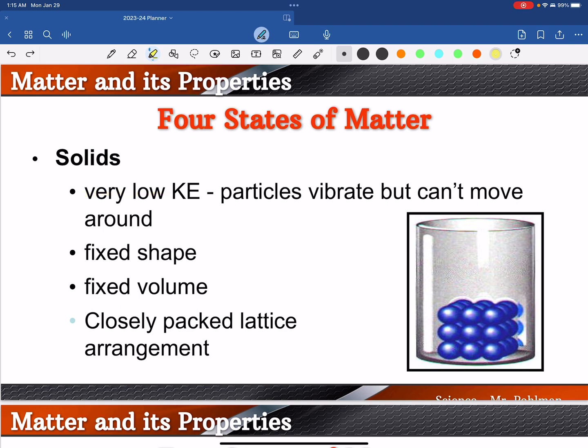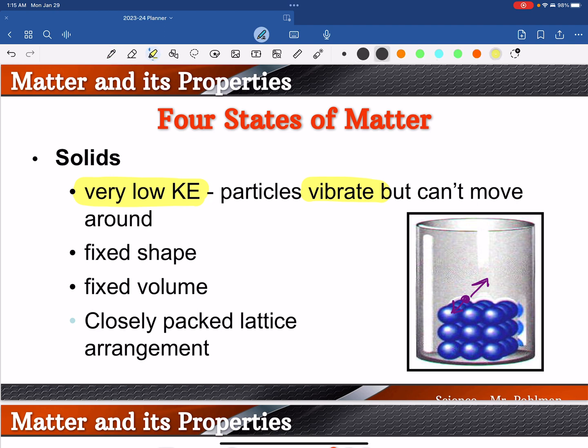All right, so if we're looking at solids, the energy associated with solids is going to have the least amount of energy of our four types, right? So it's going to be our lowest amount of kinetic energy. And if we're describing the particle movement, we would say that they're vibrating about a fixed position, okay? So these particles are just going to be going back and forth, but they're not really moving around inside of the container from one side to the next, to the top to the bottom.